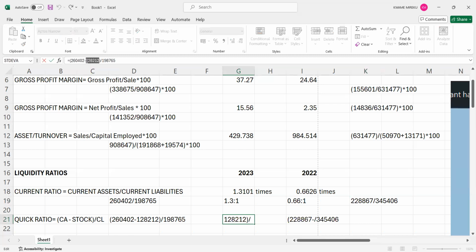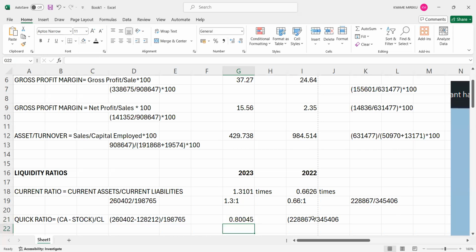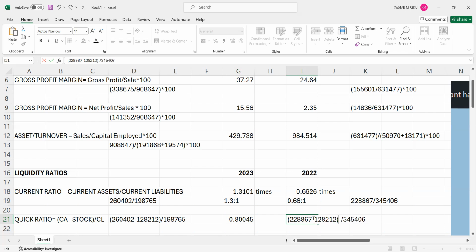Okay, so 2023 is 101,301, and then the 2022 is 128,212. Okay, that's right? Yes, sir.